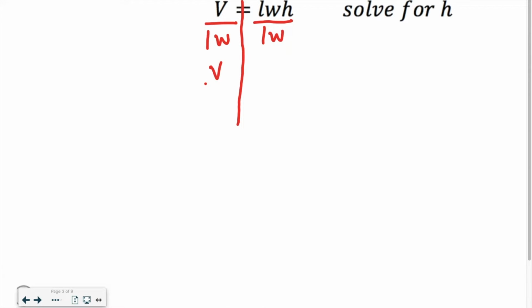So then you're left with V over LW equals h. And you can make your L look like this so that it's not looking like a 1, so that you know that it's an L. Also keep track that if this is a capital L, then you need to have a capital L in your answer. But these are lowercase, so v over lw equals h.